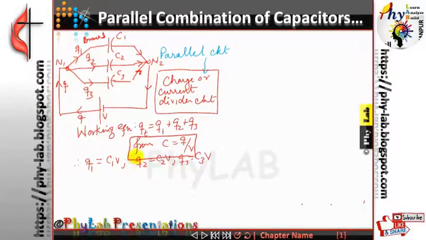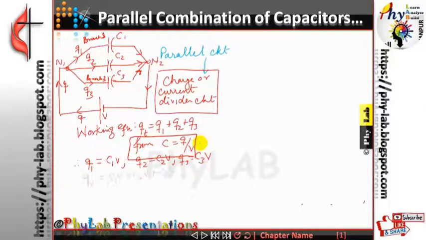Then I can say that Q2 is equal to C2 times V. Similarly, if you notice, branch 3 also is connected across the nodes N1 and N2, and across them I have got a potential of V volt applied. So Q3 will be equal to C3 times V.